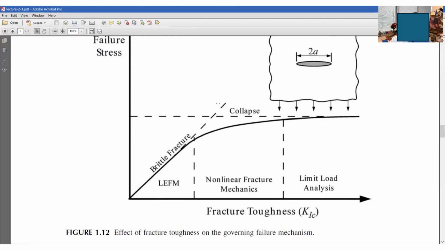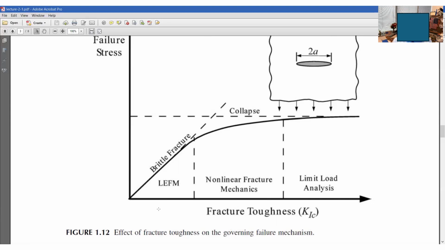Linear elastic fracture mechanics can be used for brittle fracture. It means that before the whole body yields, the crack initiates and propagates, as long as K is bigger than KIC. So in this region, LEFM can be used.